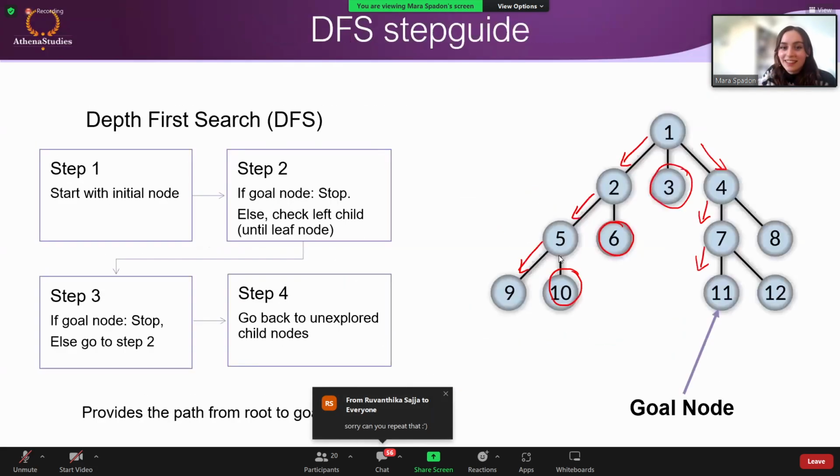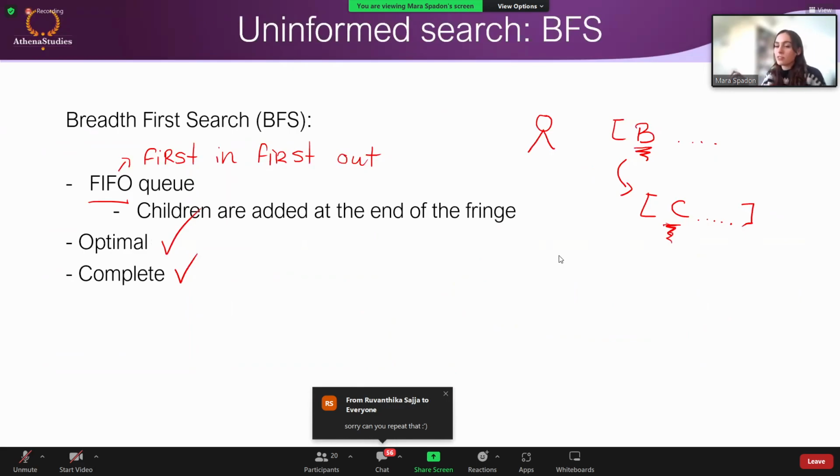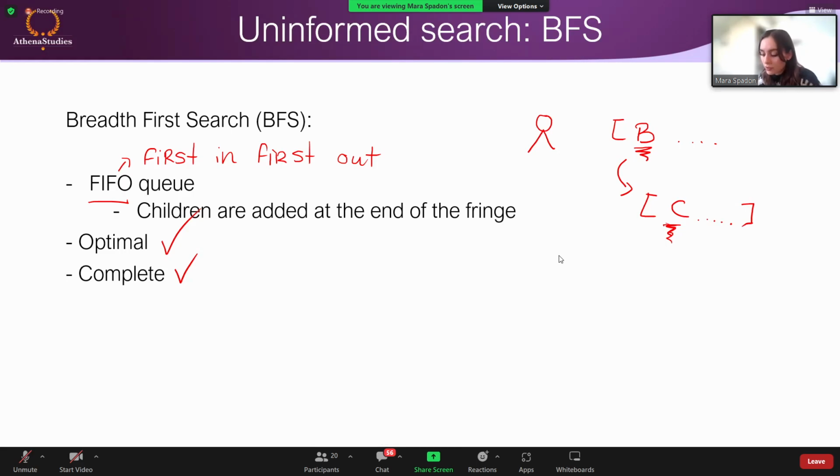So with the optimalness, it was about the costs of the edges being equal. And it says here, it is complete under the following condition: a goal node is reachable from the start and no node has an infinite number of successors. So it will not get stuck in loops like depth first search does, but for a finite tree, it is complete.